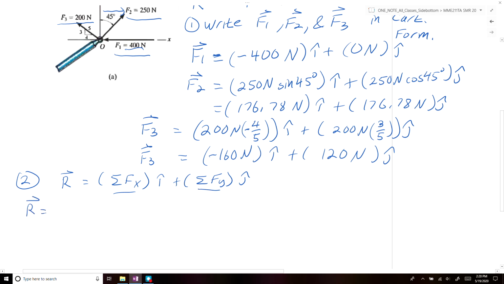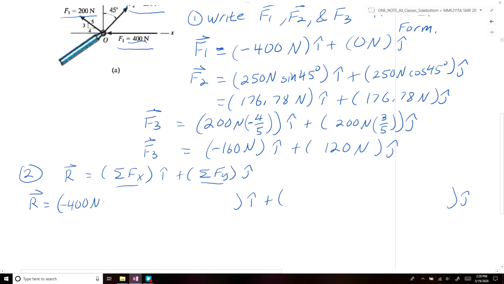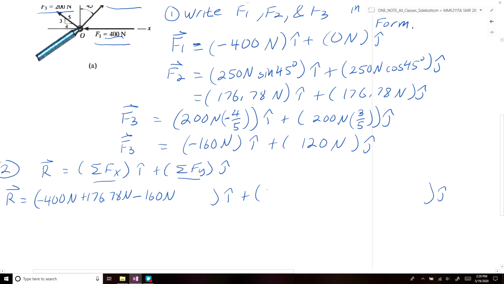So our resultant vector would be equal to minus 400 newtons plus 176.78 newtons minus 160 newtons in the x direction, and then in the y direction we would get 0 newtons plus 176.78 newtons plus 120 newtons.